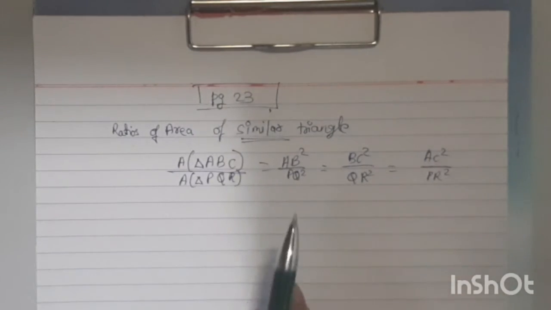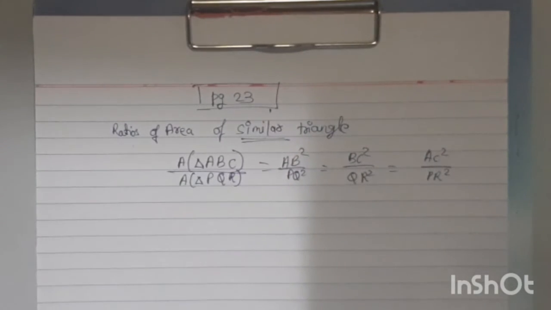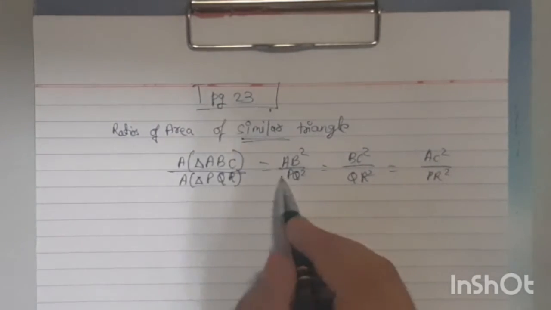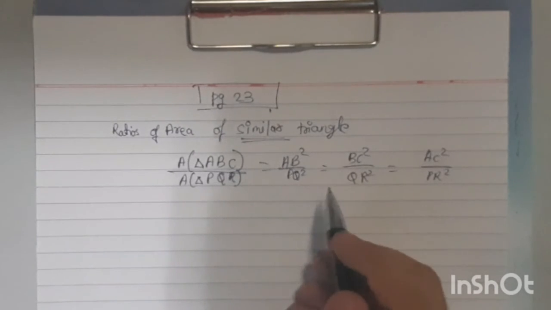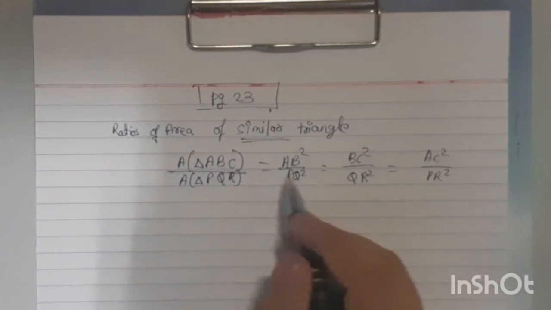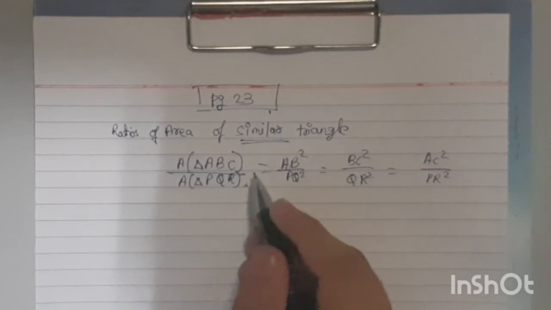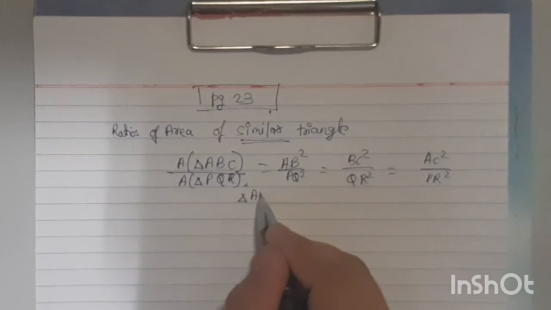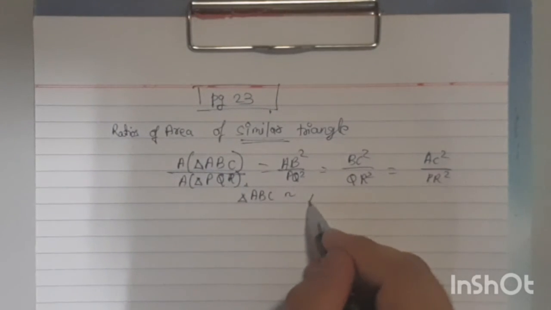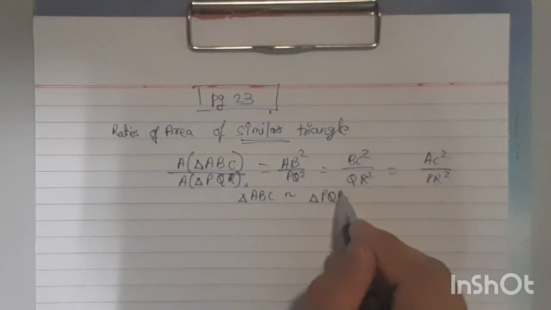That is, when two triangles are similar, the ratio of areas of those triangles is equal to the ratio of the squares of their corresponding sides. The theorem is well explained in your textbook. Please go through it. And this will only be possible when triangle ABC is similar to triangle PQR.